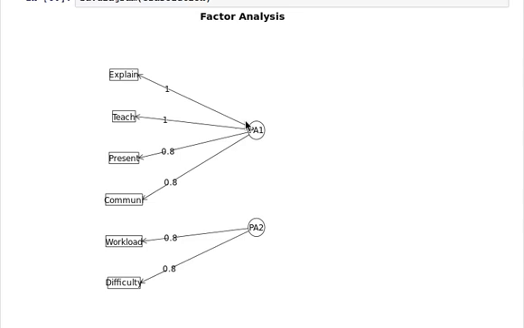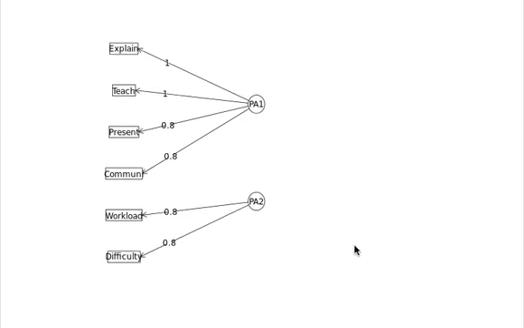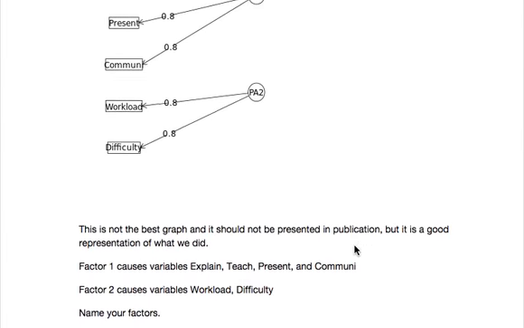So what we're saying is that this principal axis 1 factor, which we'll be calling social skills later on, so we're giving it a name already, is going to be causing individuals to perform quite well in their explanation, teaching, presentation, and communication. And principal axis 2, the course difficulty, is going to be causing individuals to evaluate the courses as more difficult and as having greater workloads.